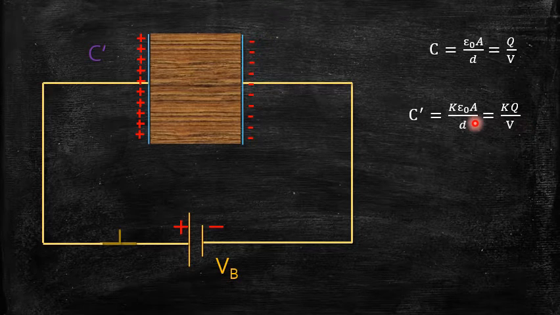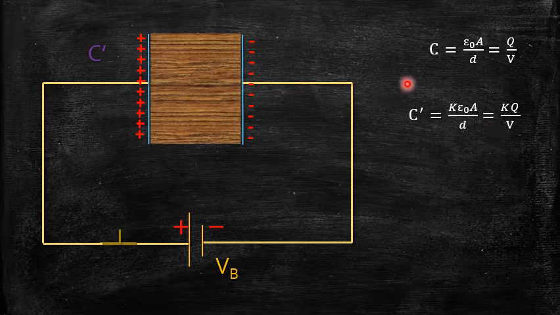And what is the effect of this K? Now capacitance becomes K times. So earlier if capacitance is 1 microfarad, now it will be 6 microfarad because the dielectric constant of mica is 6. So what is the meaning of 6 times more capacitance? Its meaning is either the charge value will be 6 times more or the potential will be reduced by 6 times. Now in this case, potential remains constant because the battery is connected, so V remains constant.